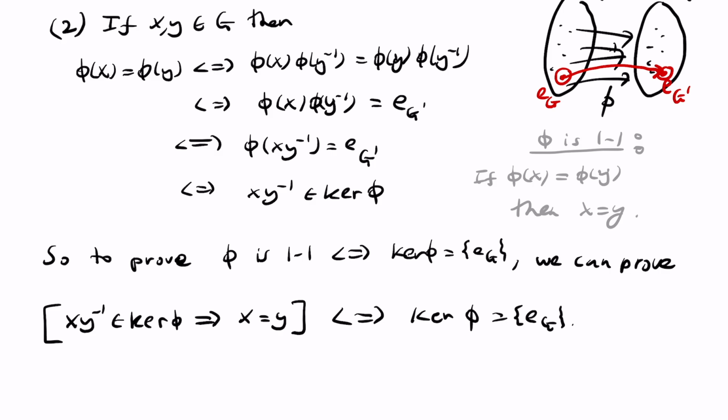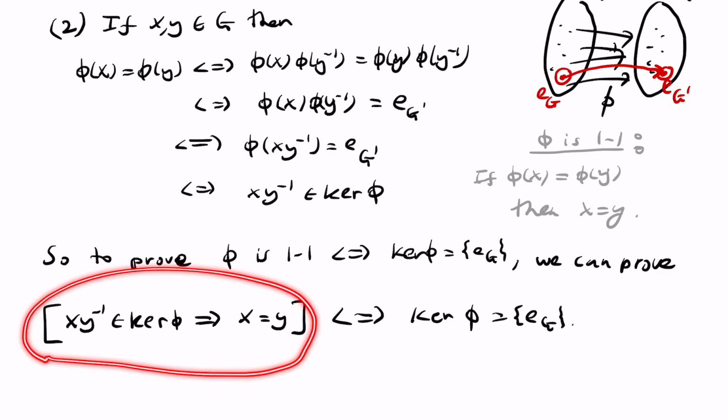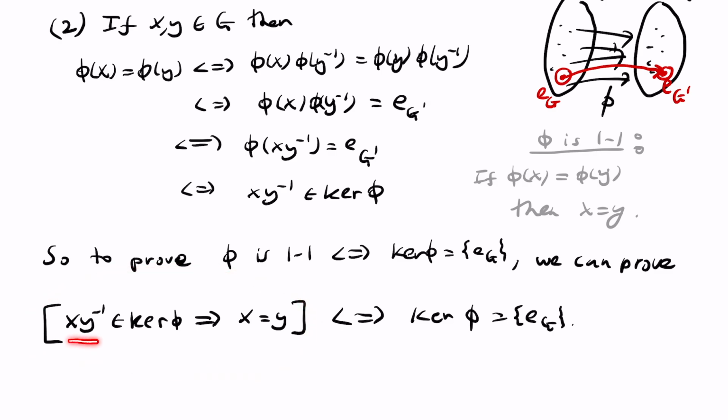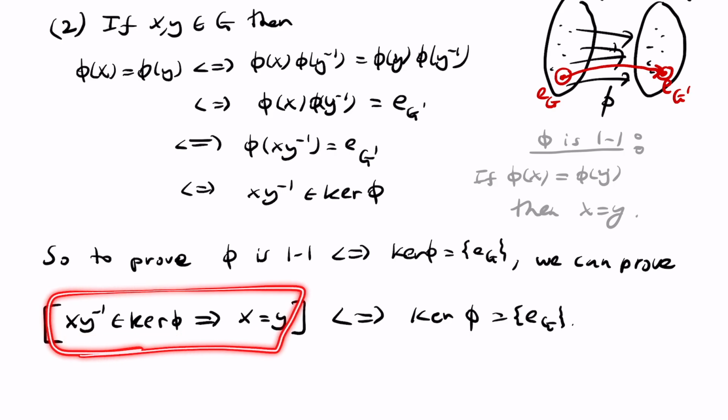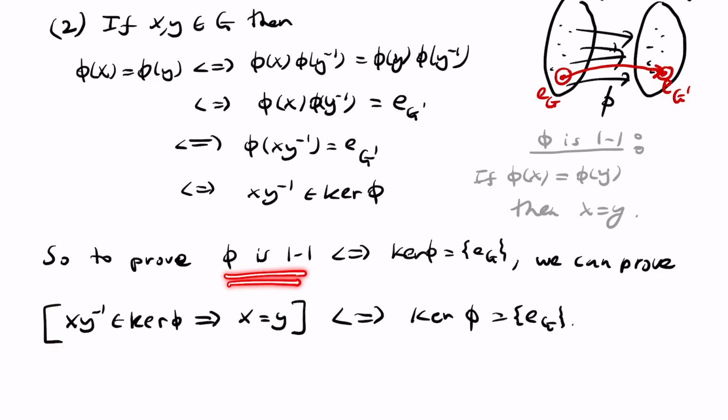Okay, this is a complicated statement, so let's break this down a little bit. This entire thing here, x y inverse is in the kernel of phi implies x equals y, is the same as saying that phi is 1-to-1.